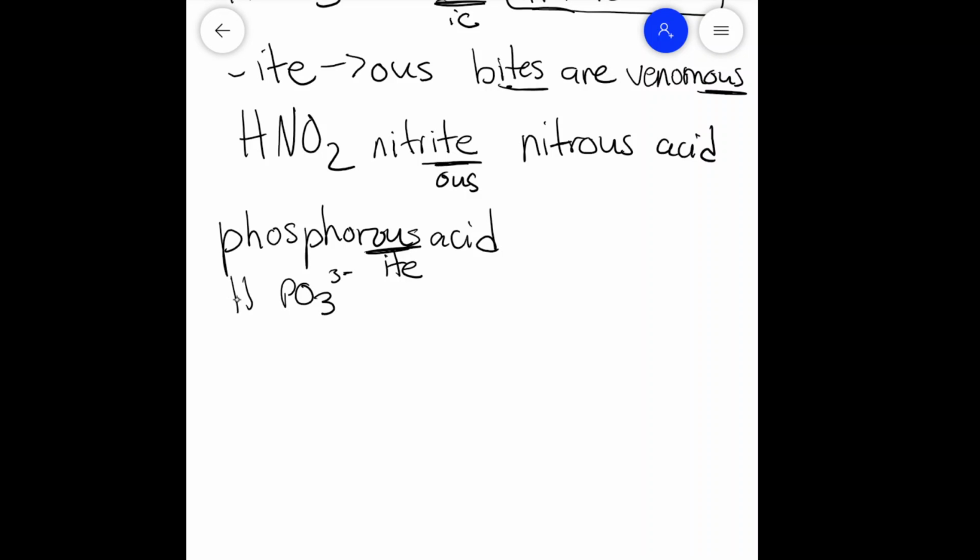Then we have to tack a hydrogen on, which is plus, switch, and so that gives you H3PO3. So you just need to go find it on the ion chart and switch it. So that's kind of it for acids.